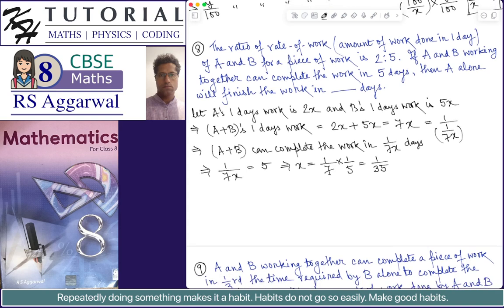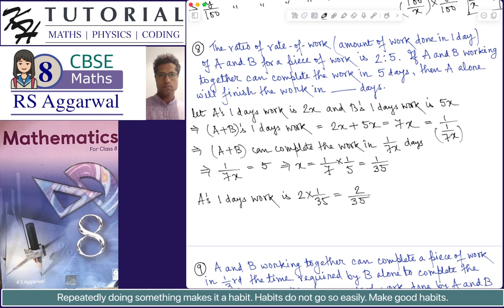Now x is 1 by 35, which means that A's 1 day's work is 2x, and x we have found to be 1 by 35. So 2 into 1 by 35, which is equal to 2 by 35.